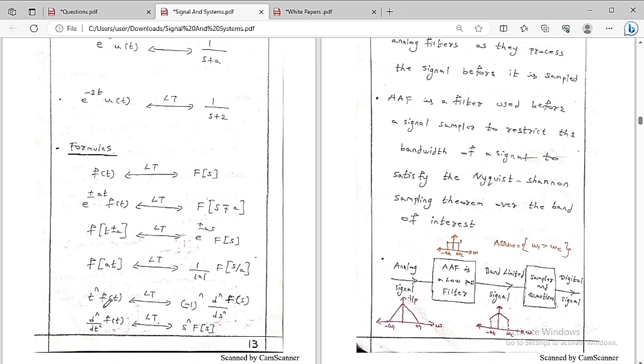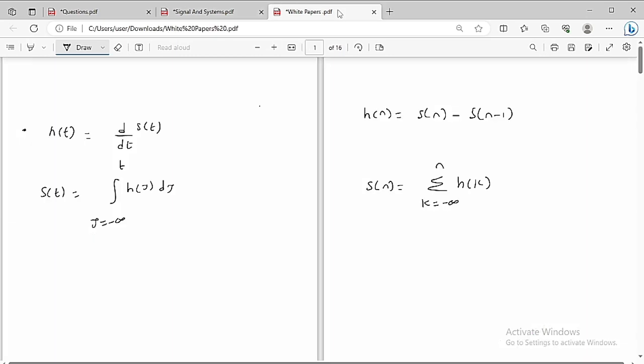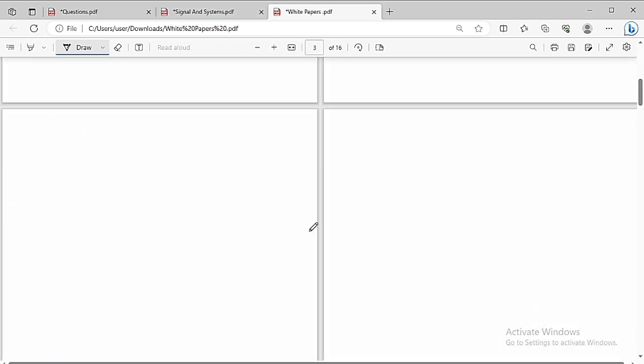And t to the power of n into f of t has the Laplace transform minus 1 to the power of n into the nth derivative of F of s with respect to s. And the nth derivative of f of t with respect to t has the Laplace transform s to the power of n into F of s. So this is the case of the bilateral transform. If there is a unilateral transform, extra terms are going to be present, meaning initial conditions are going to be present. So let me give you some important points here.